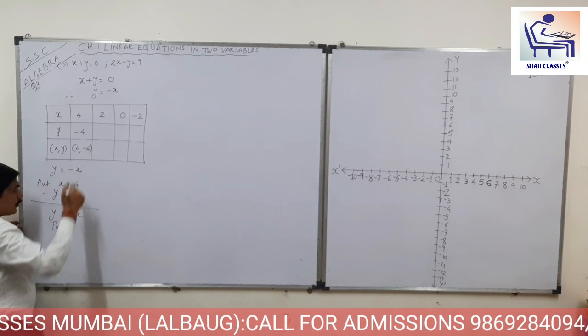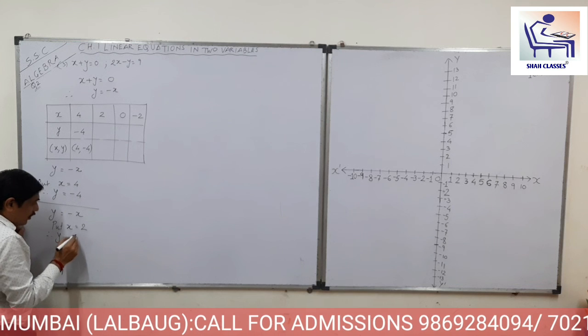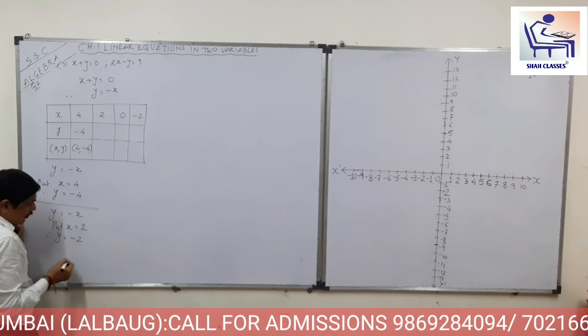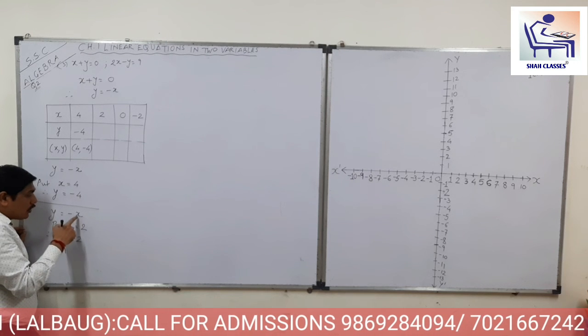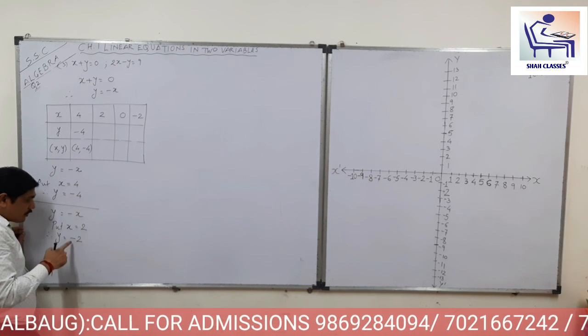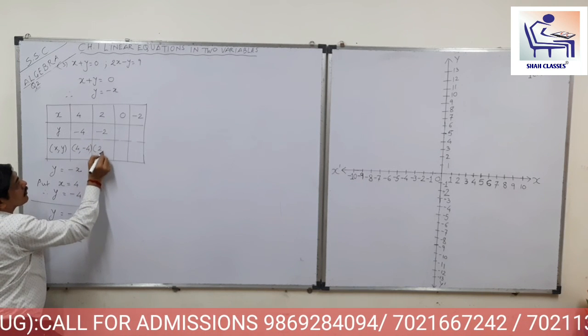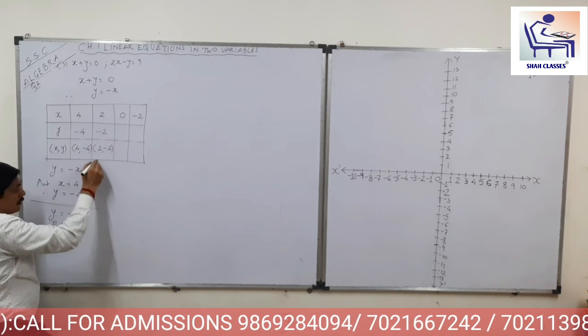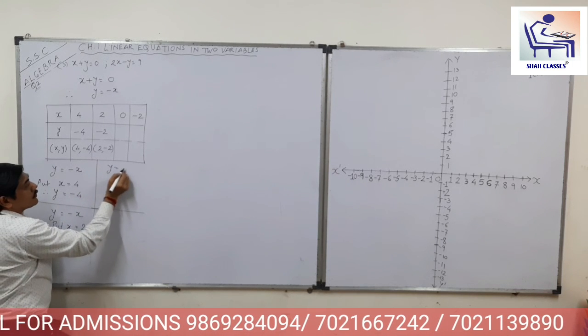Now for the second value, put x is equal to 2. So y is equal to minus 2. We are moving towards third value.